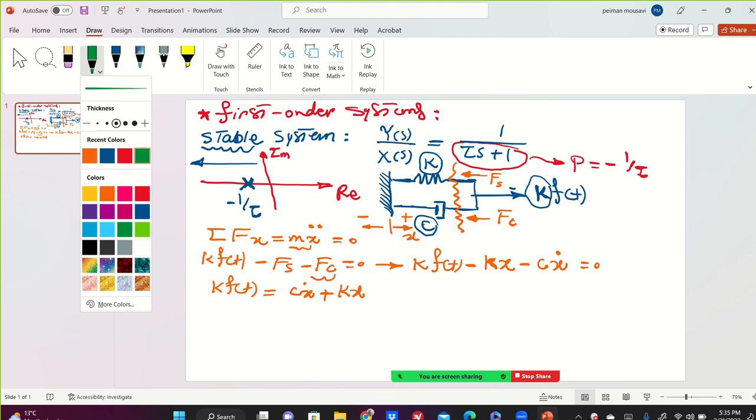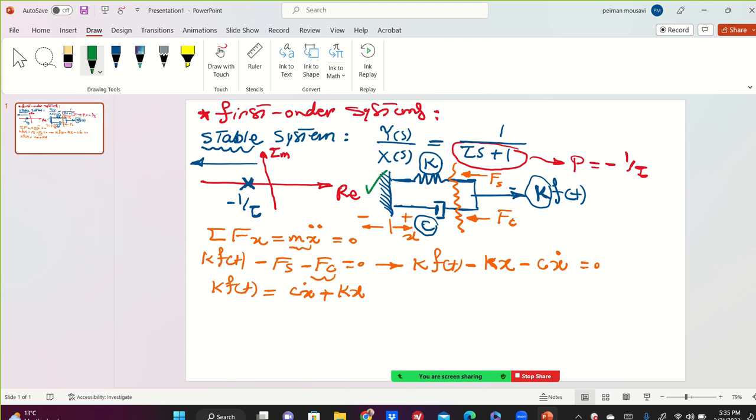What I'm going to do is derive this first order system in the format of a closed loop transfer function.